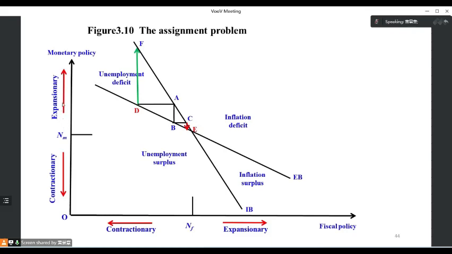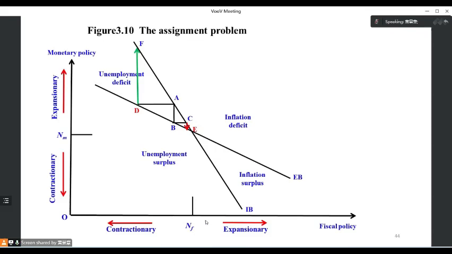When the red arrows go far away from the origin, it means expansionary. When arrows go to the original point, it means contractionary.